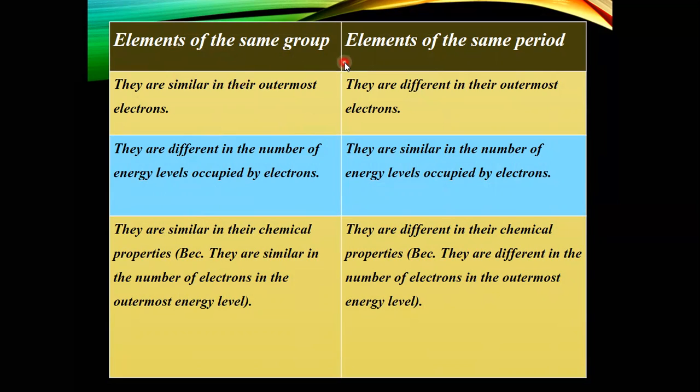Elements of the same group مالهم similar in their outermost electrons عشان كده هم in the same group لأن number of outermost electrons هو اللي بيحدد لي الجروب. تمام. طب elements in the same period مالهم they are different in their outermost electrons ده طبيعي لأن الatomic number مختلف. طيب in the same group they are different in number of energy levels لأن هما period 2 يبقى 2 energy levels, period 3 3 and 4 4 and so on.